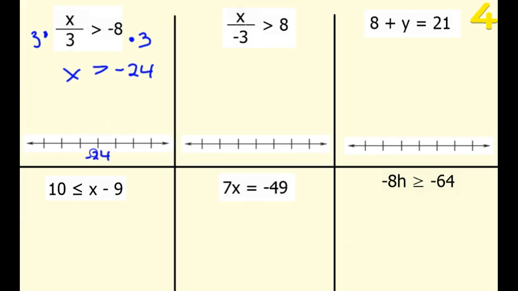So negative 24. Open circle. Oh, I drew that to the wrong side. So x is less than negative 24. So negative 23 here and negative 25 here.